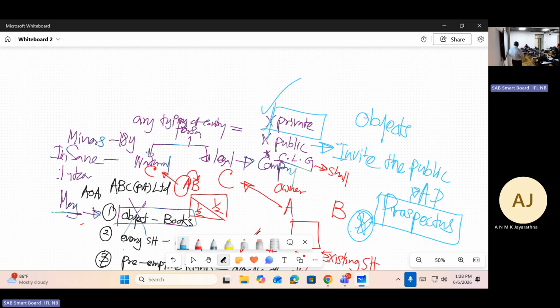They are not permitted to invite the public to purchase shares. They cannot issue shares to the public. Therefore, the prospectus concept is not related to private companies, and they need not mention their objects. This applies only with regard to private companies.